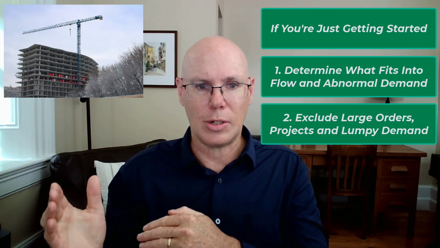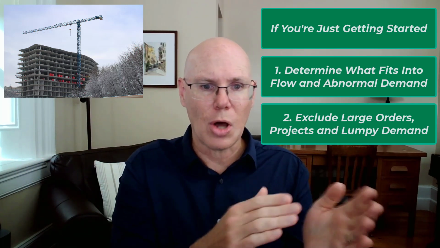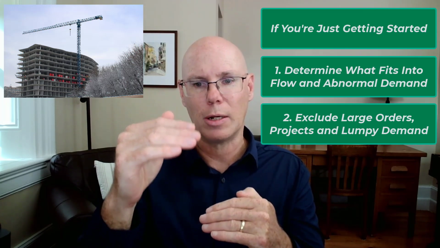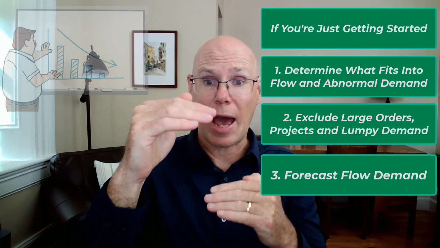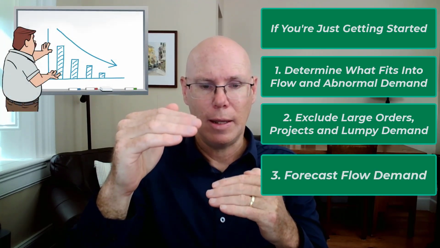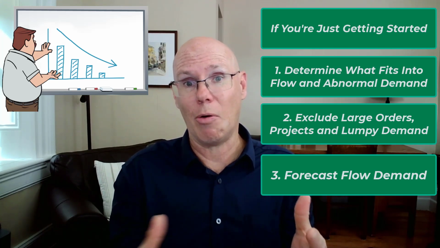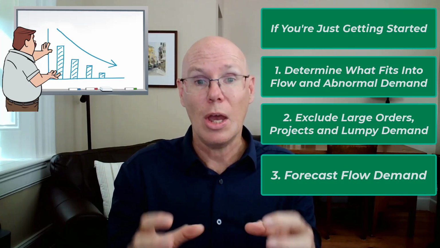This means determining what quantity or dollar level an order should be in order to be considered a project. You can then forecast that flow demand. And then using a method where you pull in your CRM data or data from some other source, you can then manage those projects.